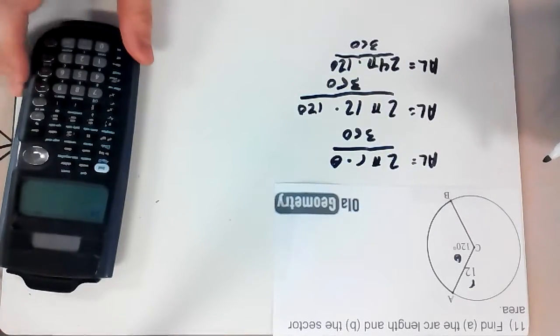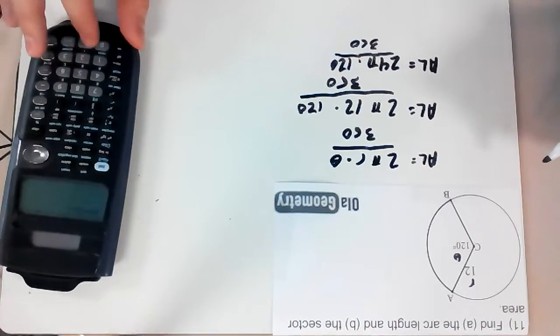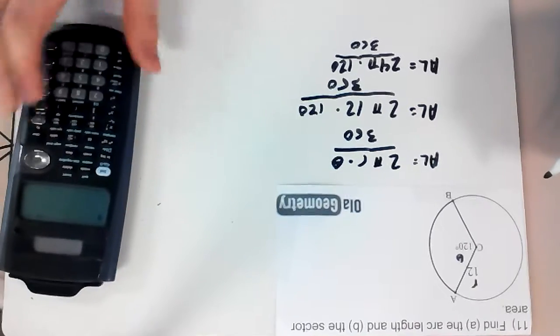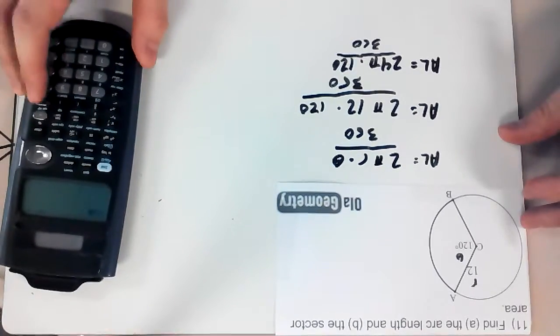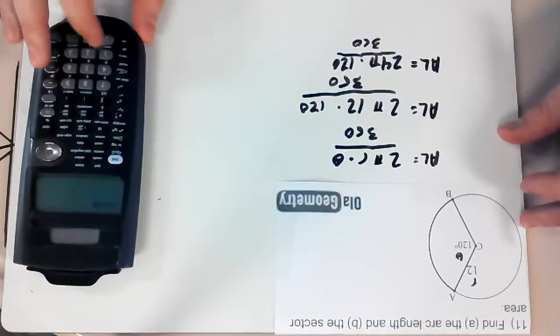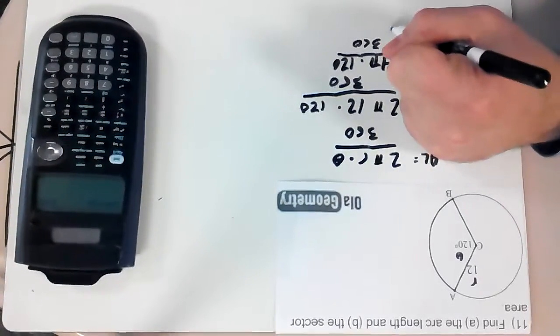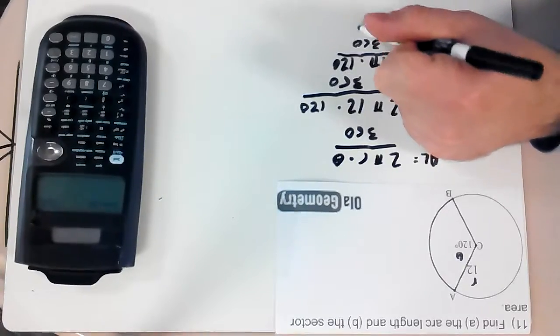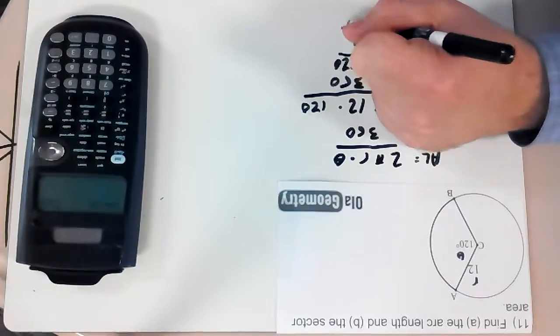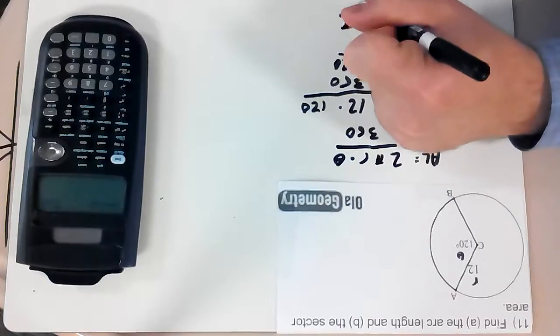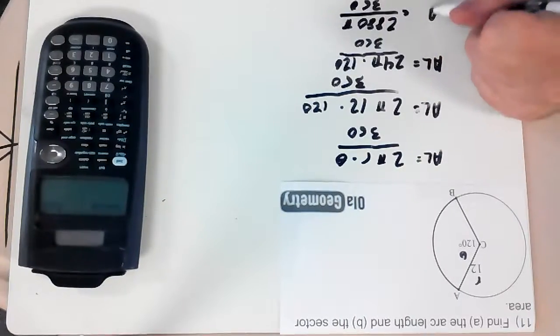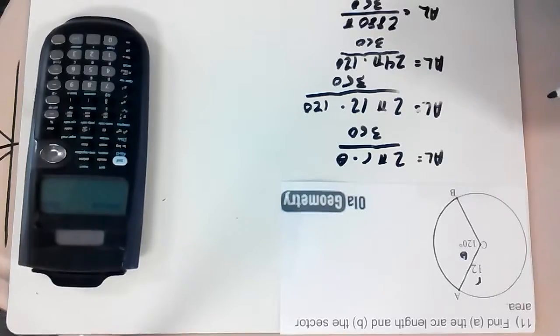So 24 times 120, and that's 2880. So 2,880 pi over 360. Notice I'm keeping pi there.